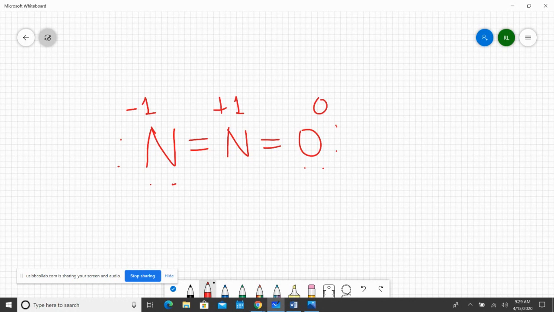All right. Now, let's look at another possible Lewis structure of N2O, the laughing gas. The other possible structure for N2O is this.